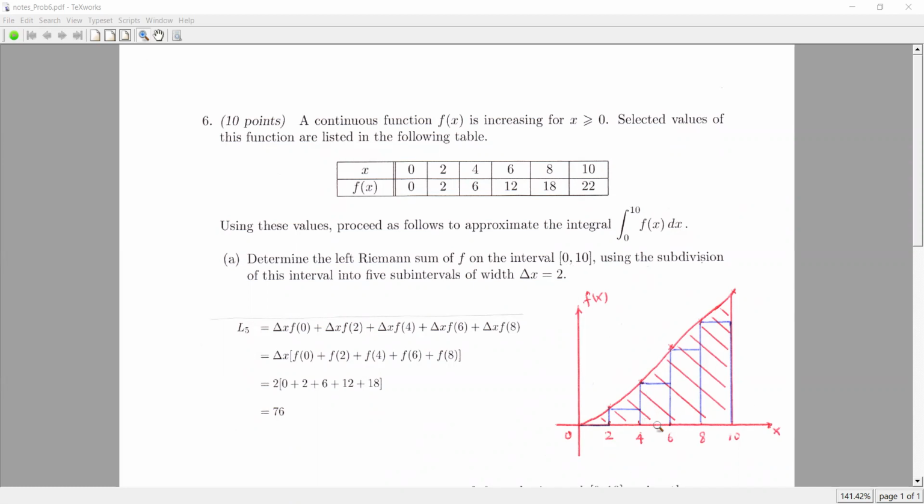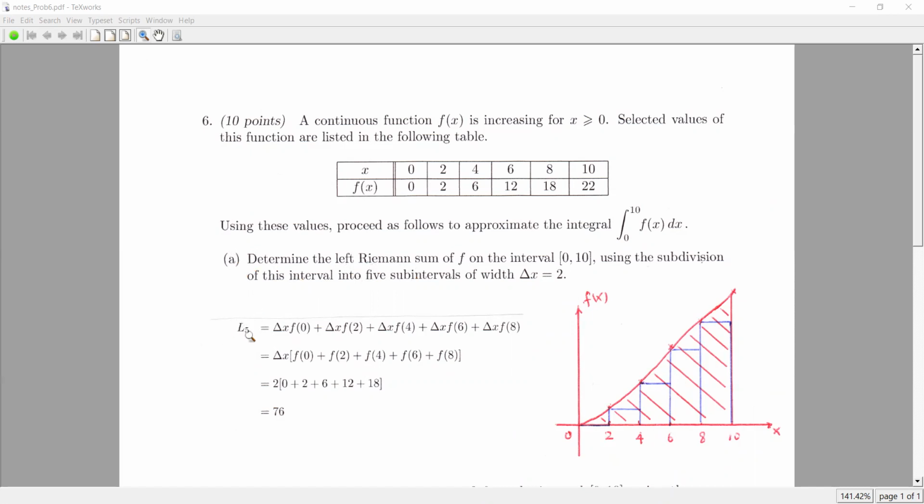On each subinterval, build a rectangle by using the function value at the left endpoint of the subinterval as height. Then sum up the areas of the 5 rectangles. The sum is the left Riemann sum in part A.